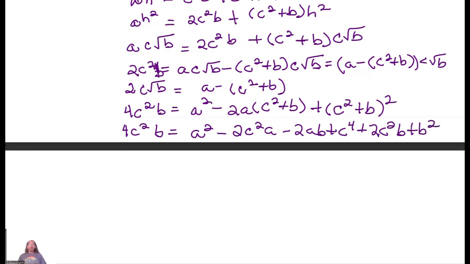And let's see here. Got like terms. Subtract 2c squared b from both sides.